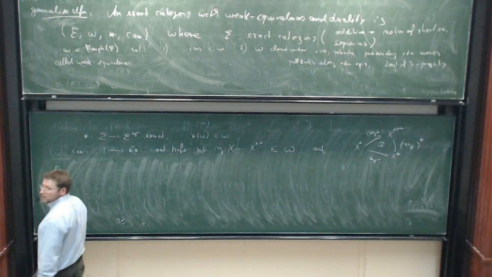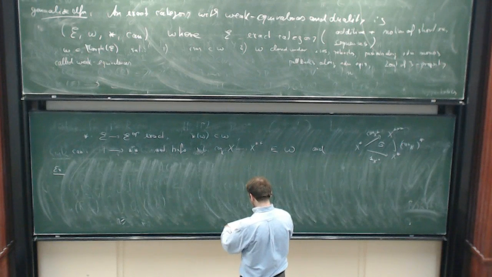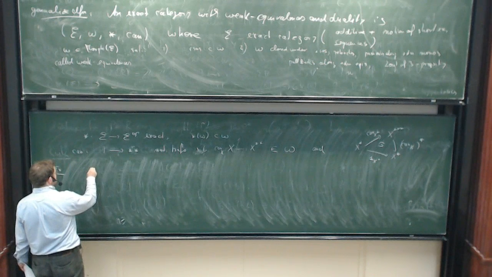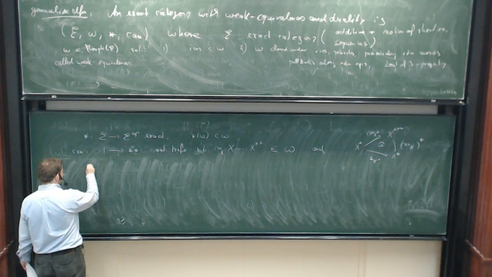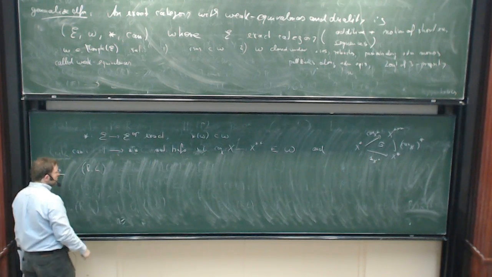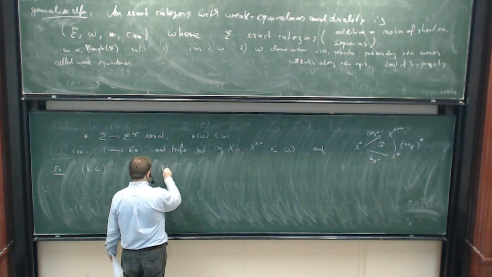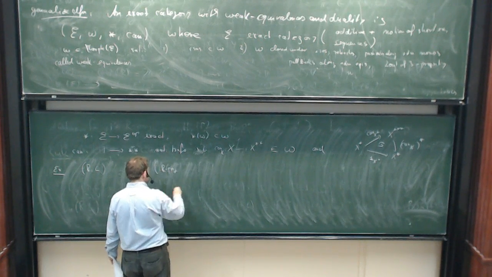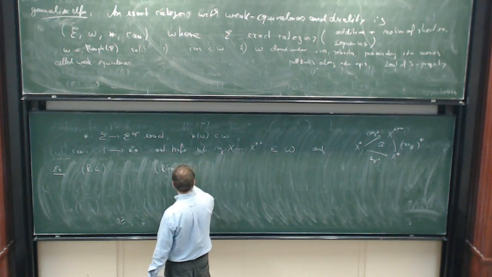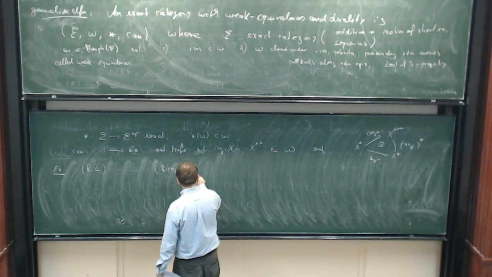Examples. I guess I have a few more minutes, maybe. As before, if R is a ring with involution and L is some coefficient system, then you have the category of finitely generated projective R modules, with weak equivalences just the isomorphisms.